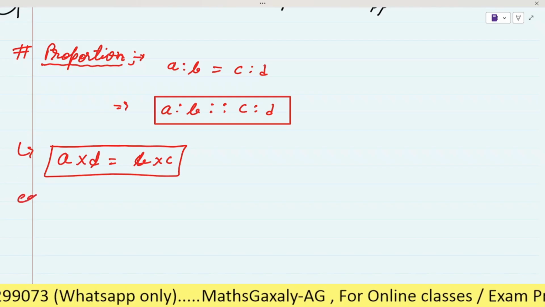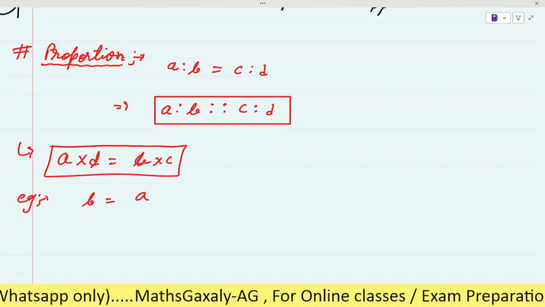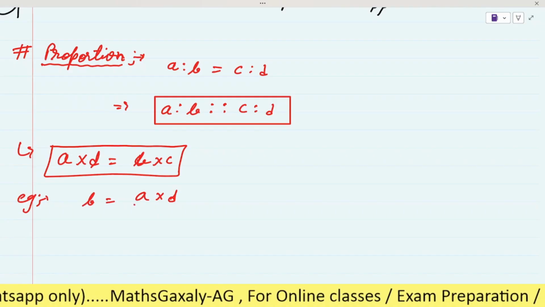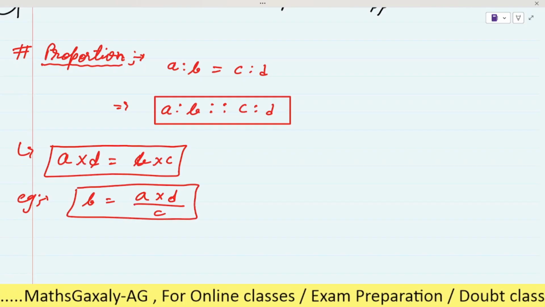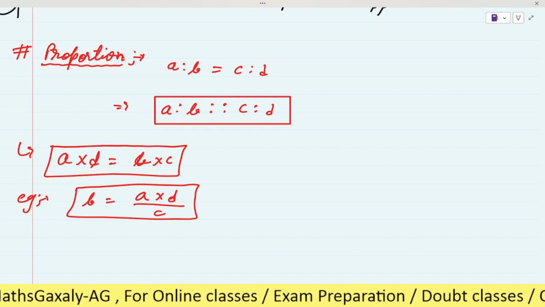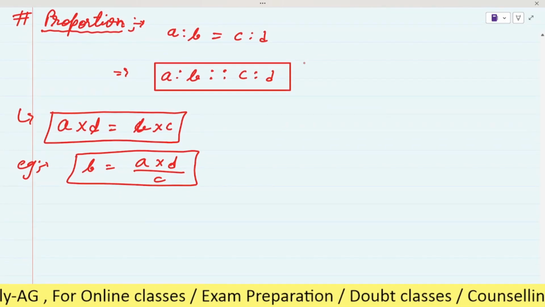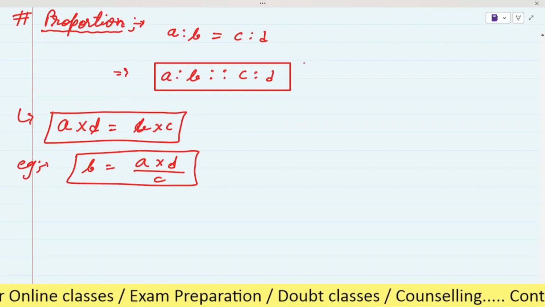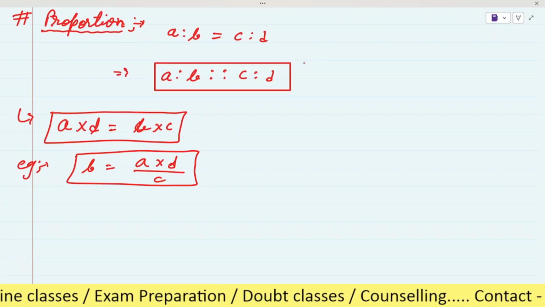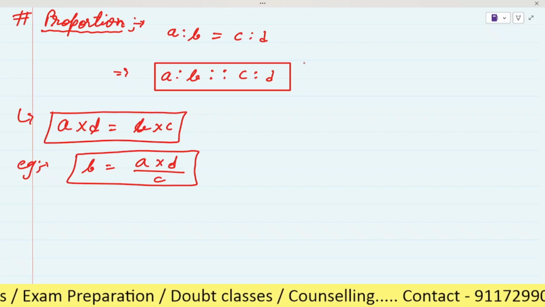As an example, suppose you have to find the value of B. So here B will be A into D divided by C. Like this you can find the value of A, D and C also. Is it clear now? Yes, sir. Okay.